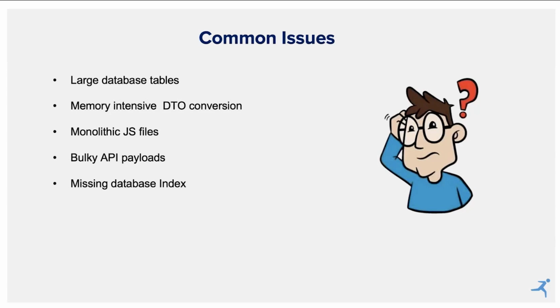The same goes for bulky API payloads. We see APIs with really high request or response payloads. There might be APIs with lots of redundant data that the front end might not even use. This will use very high bandwidth, which will cause performance issues for the user.